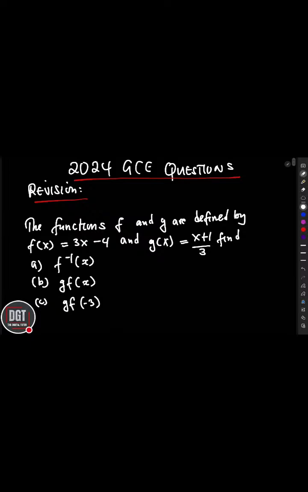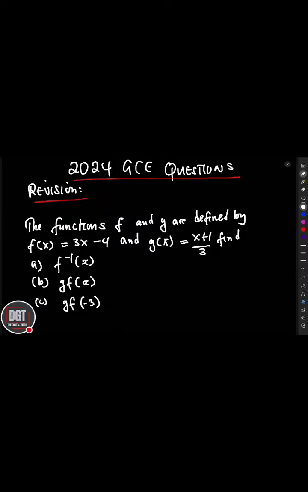So the first question is: the functions f and g are defined by f of x equals 3x minus 4, and g of x equals x plus 1 divided by 3.